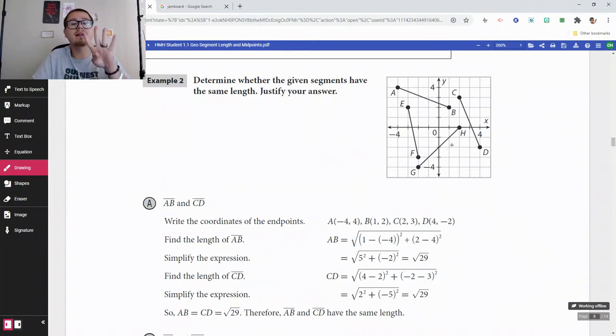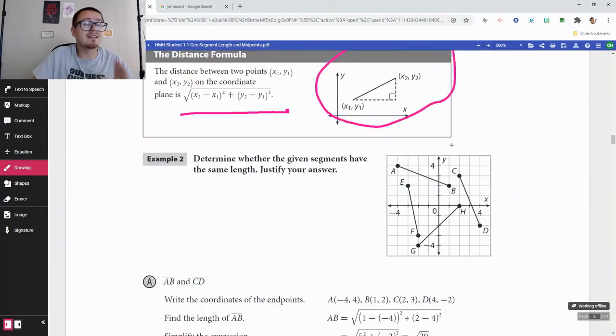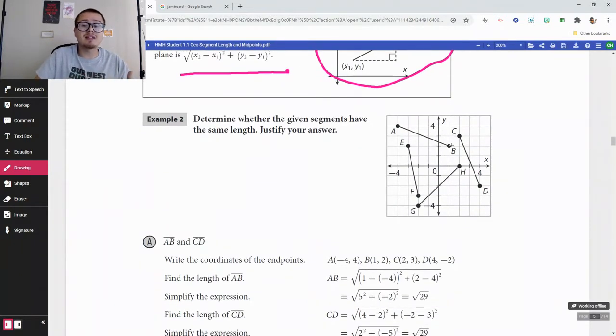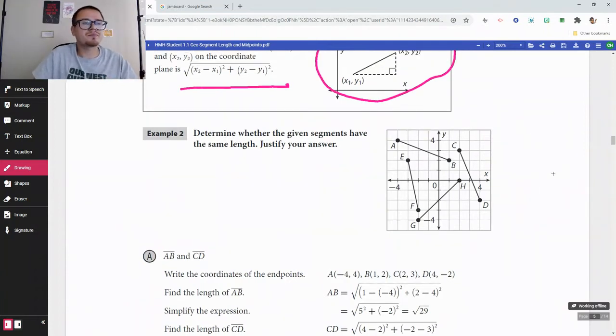We have 4 line segments that you can use, and you can find the distance between them using any line segment you pick. Just make sure they're on the same line. Now, all of these are, notice, kind of diagonal, so you can't just count the squares.